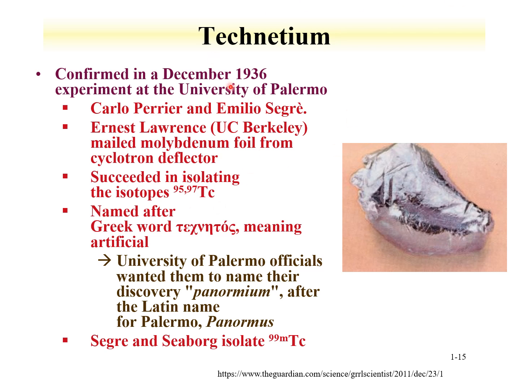They dissolved it and chemically isolated some other element that was different in chemical behavior from the molybdenum, identified it as technetium-95, technetium-97, and they named it after the Greek word technikos, meaning artificial, so technetium. The University of Palermo officials wanted to name it after the Latin name of Palermo. And then eventually, Segre and Glenn Seaborg worked together to isolate technetium-99m.